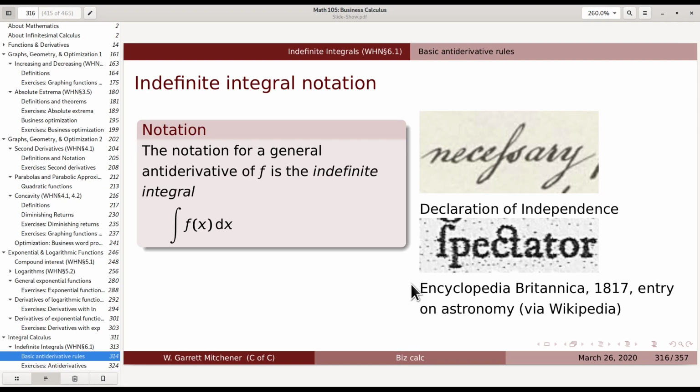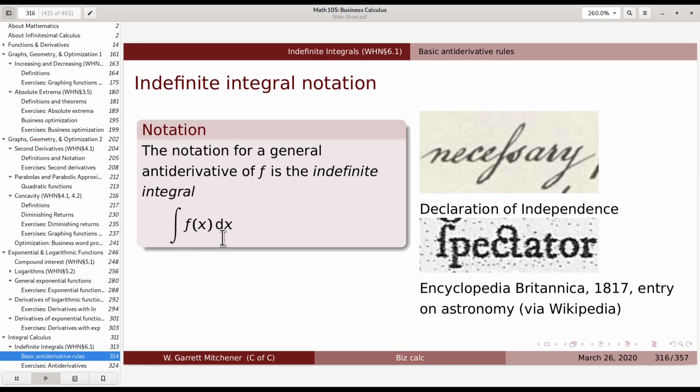These days, we don't write tall S's like this. It's too easy to confuse them with F's. But in 17th and 18th century handwriting and typesetting, that's one of the symbols that they used, and this was a symbol that was chosen for reasons that I will not have time to get into in this lecture.